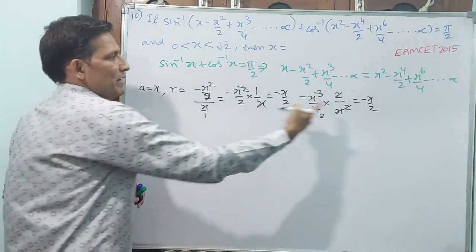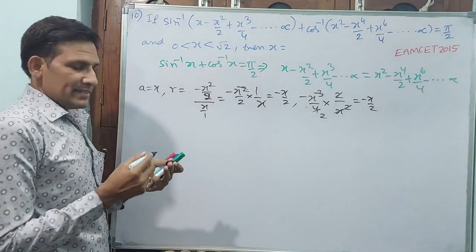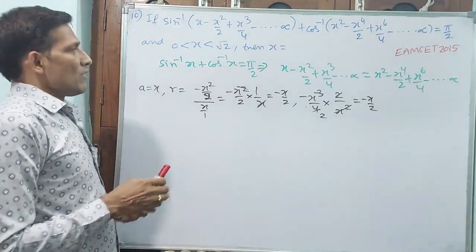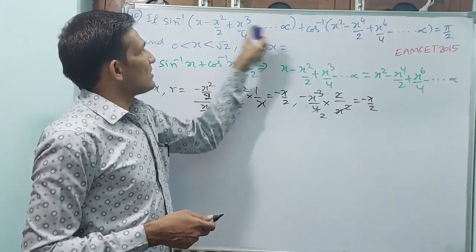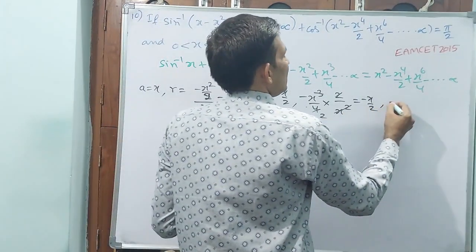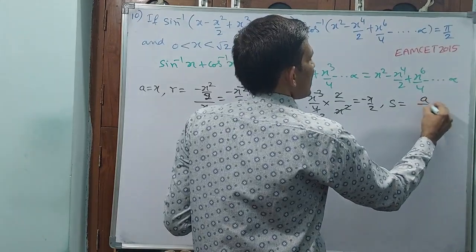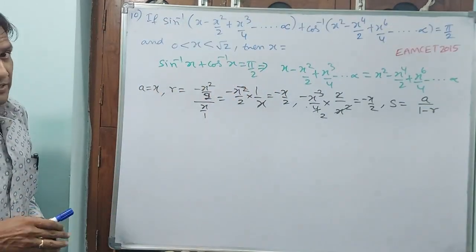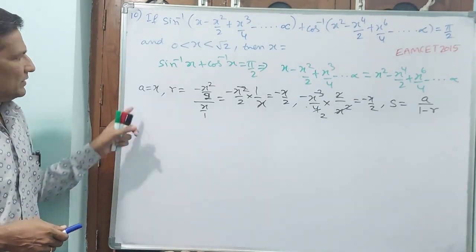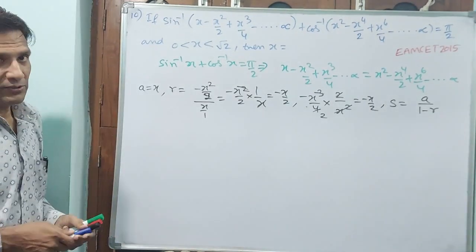So minus x by 2, minus x by 2, r is matched. Then what is the sum? Well, because this is sum up to infinity, sum is equal to a by 1 minus r. That is there for both this and that series also.